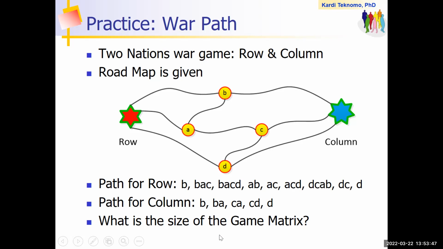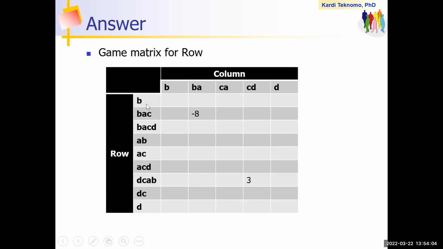In this example, my question to you is, what is the size of the matrix? 9 by 5. Okay. So the matrix is represented by all these paths. So 9 by 5.